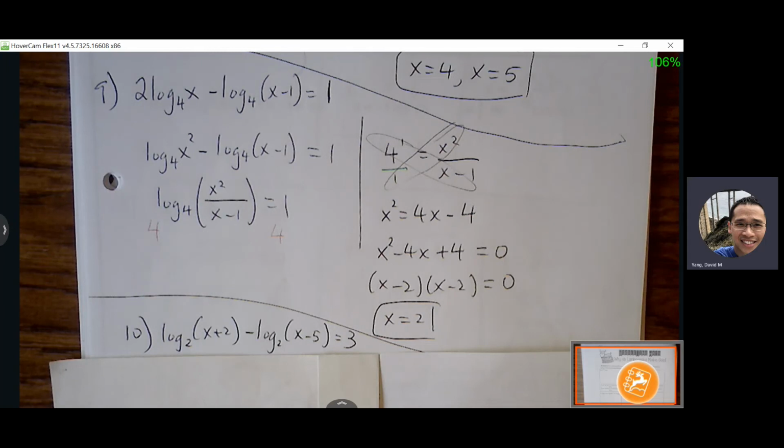Number 10 is like number 9, but without having to deal with that coefficient. So it should feel like number 9.